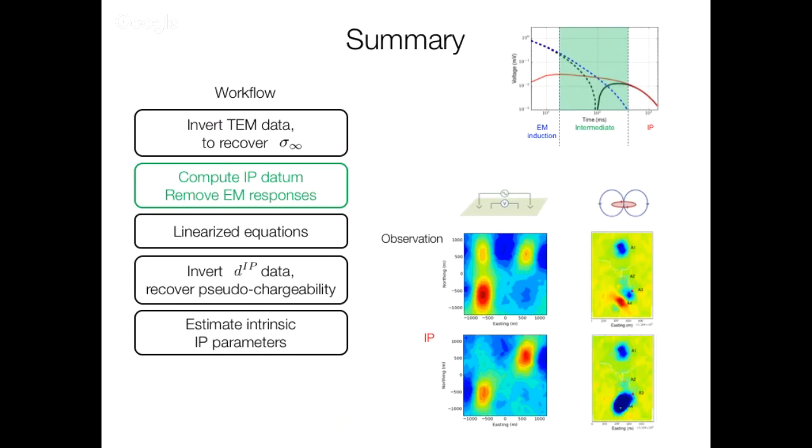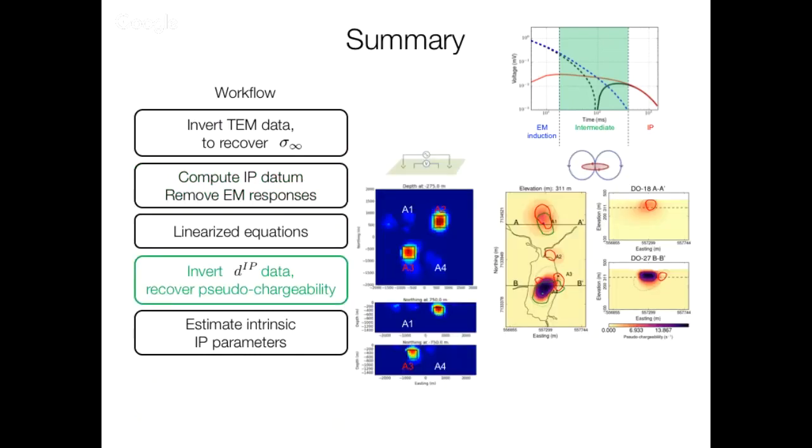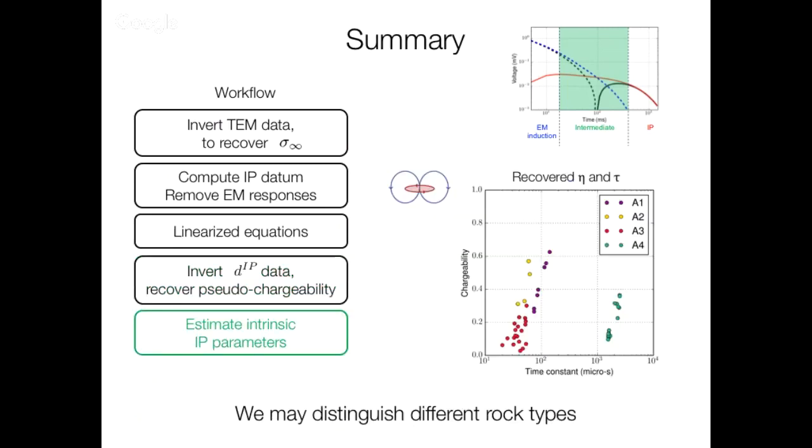Now we're just looking at the observations and the IP data. Then take the IP data, invert them, either with a grounded system or inductive system, and you may be able to distinguish between a couple of rock types. So that's where we are with respect to that.